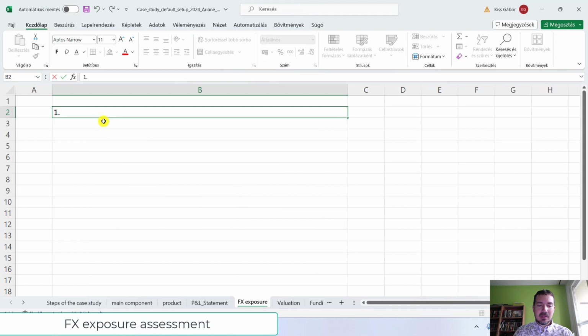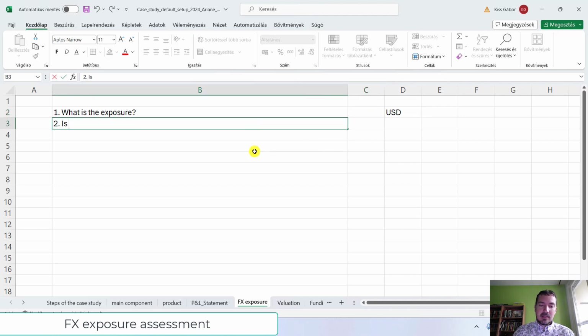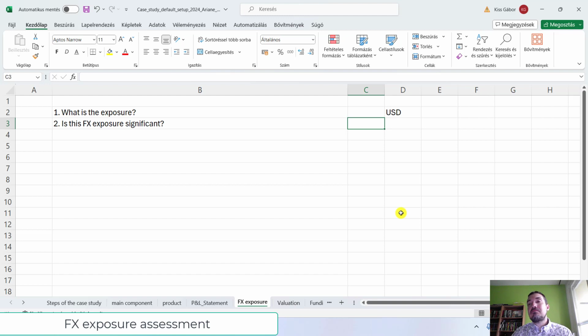First of all, how much USD are we exposed to, or other currencies? Is this exposure significant? If yes, then we have to deal with it. If no, then who cares?